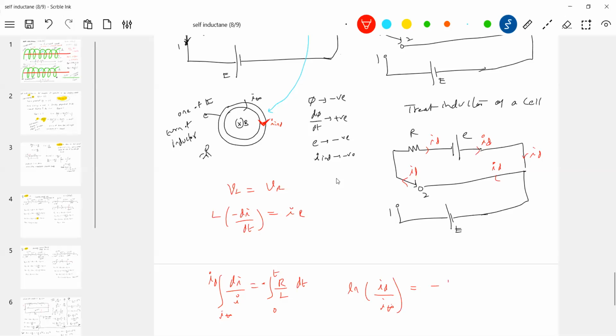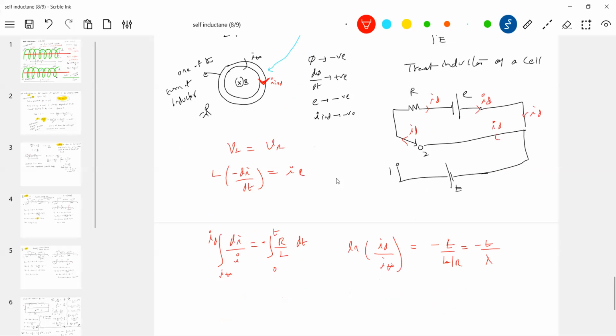This will be t by L by R. So I_D is equal to I infinity e to the power of minus t by lambda. What is I infinity? E by R.